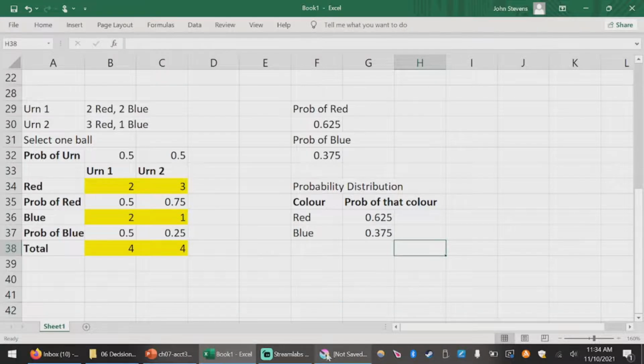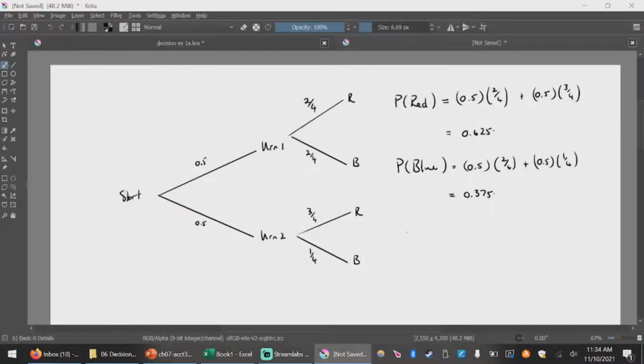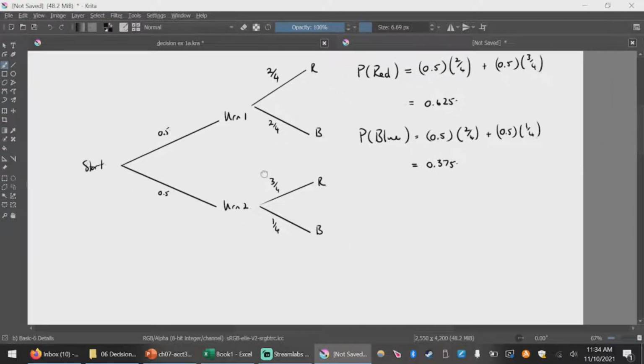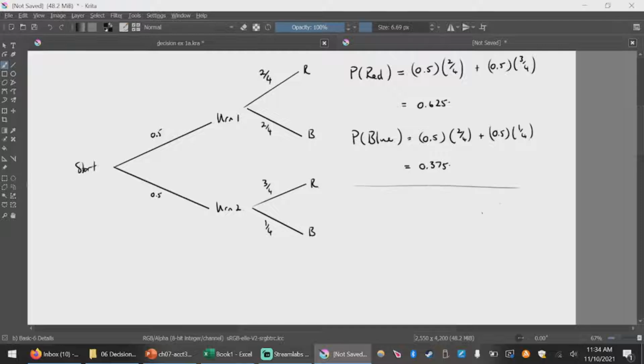Now, on the topic of Bayes, it's really something that doesn't have to be complicated. I have those probabilities. A probability that would require Bayes' theorem or formula is a conditional probability that's not on here.